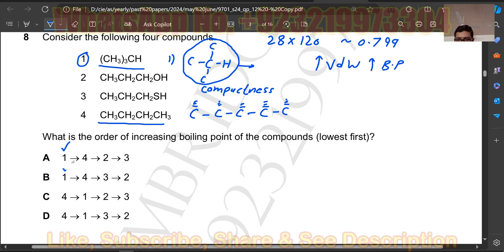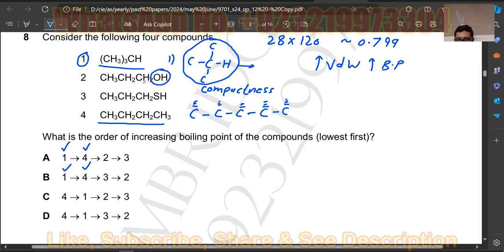So there are two options in which one is showing least boiling point as compared to the fourth molecule. After these two compounds come compound number 2 and 3. Now in compound number 2, you can see there is a functional group of alcohol.